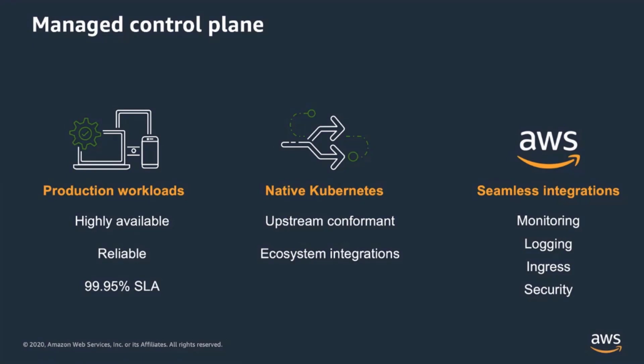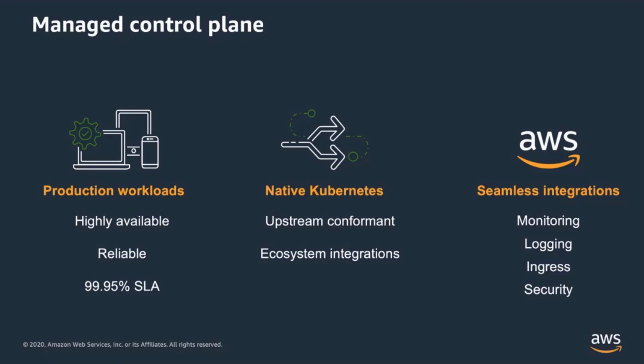Secondly, EKS is, as I mentioned earlier, native and upstream conformant Kubernetes. Customers who leverage EKS can choose from a broad range of integrations with tools from a rich ecosystem of Kubernetes. On the other hand, EKS seamlessly integrates with AWS native services. You can ship logs to CloudWatch, configure alerts, choose your ingress with the AWS Load Balancer Controller, and implement security and access controls with integrations to IAM and other AWS security and encryption services, such as KMS.